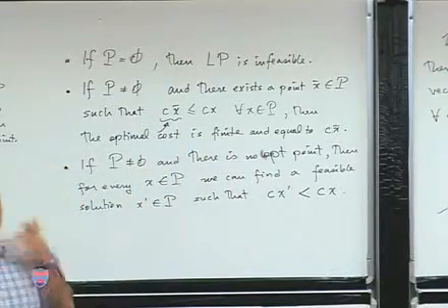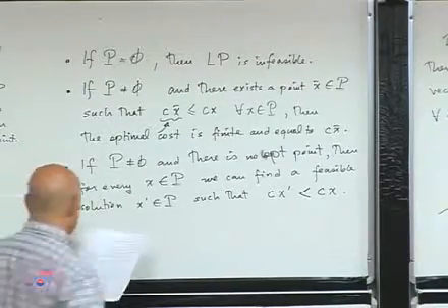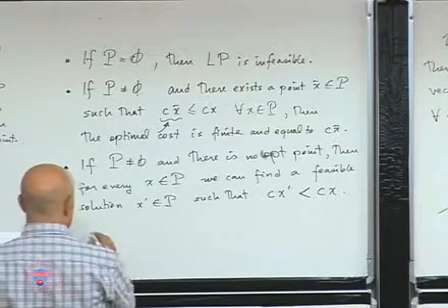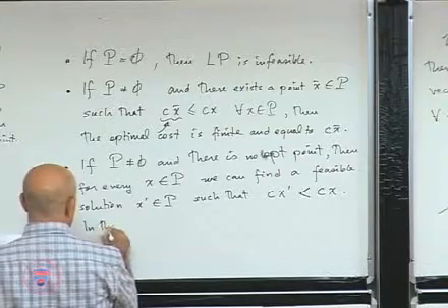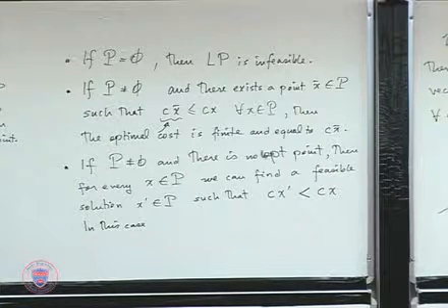Okay? That's what it means to be unbounded, or in that case, the optimal cost can be made arbitrarily small for a minimization problem.